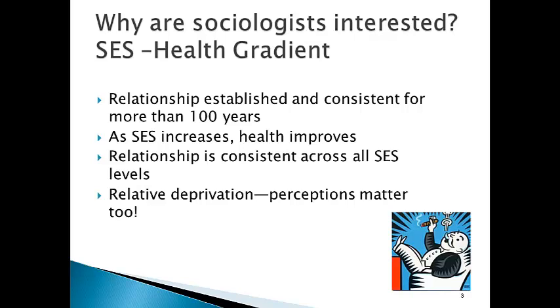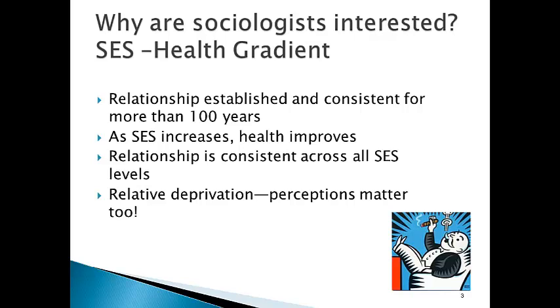We also know that no matter how you measure class or how you measure health, as socioeconomic status increases, so does good health. This relationship is known as the SES Health Gradient. Research also shows that even in areas where there's little inequality, those who are a little better educated or have a little more money have better health.